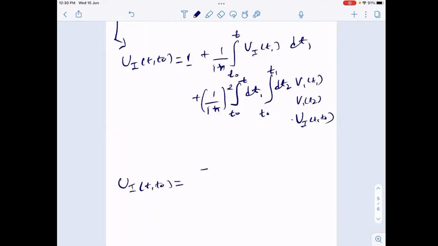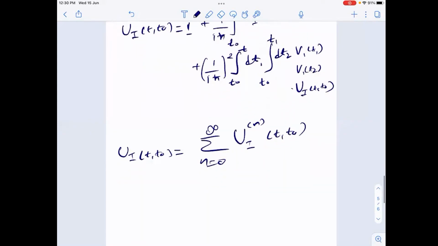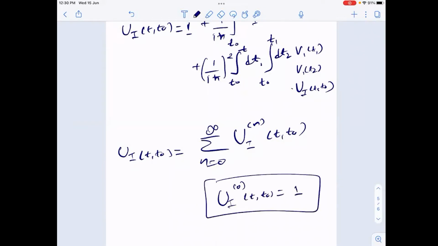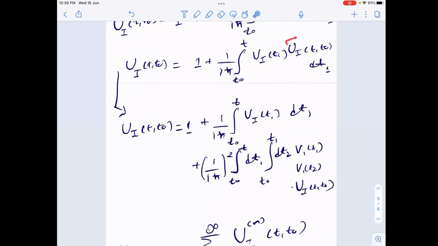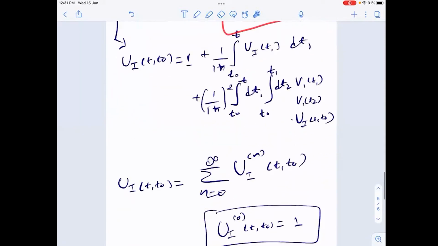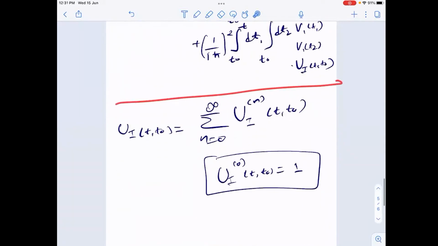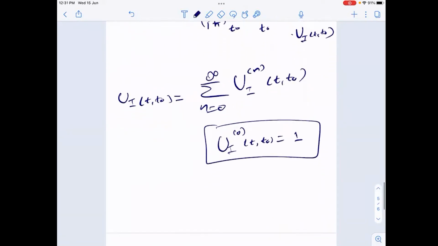I'm trying to say that we are going ahead like this, summation n equal to 0 to infinity UI to the power n T T0, right? And we know that UI at T T0 is unitary. With this in mind, what happens now here? I am again focusing within the integral.